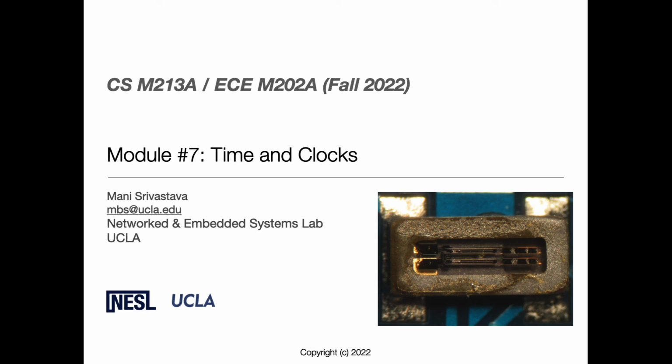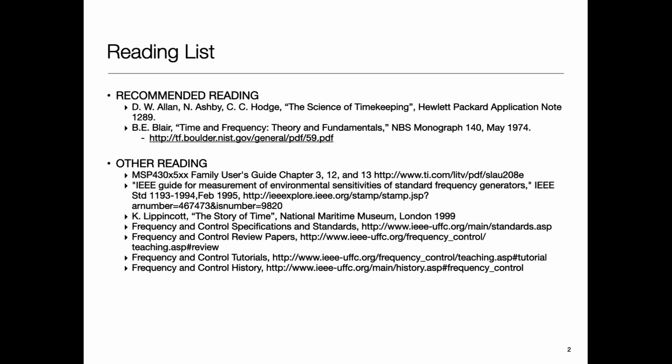We already saw how to manage CPU resources, but how to have a good notion of time, how to have a good notion of location, and how to manage energy are three other pieces that people worry about. So this module and the next one are going to examine the time part a little bit more, because it's as foundational as it gets.